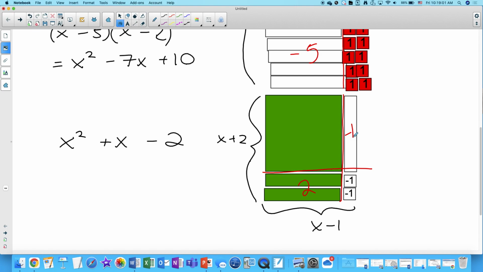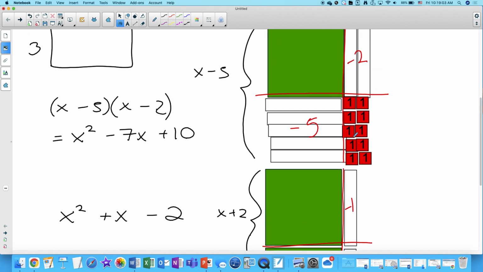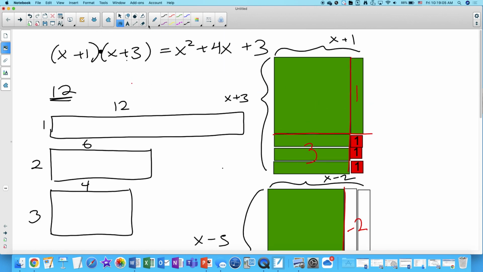Okay? Now, we want to relate this back to the polynomial that we have to factor, because the only thing that makes one of these different from another one is the coefficients of each term. Otherwise, they're all the same. The coefficient of x squared is always 1 in the examples that I've given you so far, so we're not going to focus too much on that. But let's look at this. Here we have 4. Here we have 3.